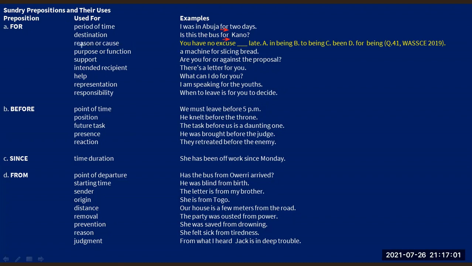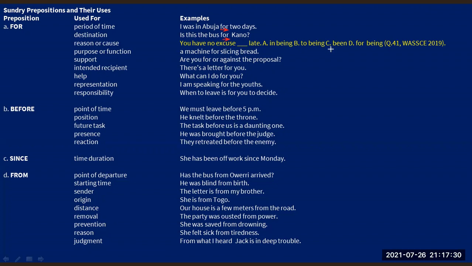Now, you can use for also to indicate reason or the cause of something. And here we find a specific past why question. You have no excuse dash late. Option A, in being late. No. B, to being late. It doesn't sound grammatical at all.